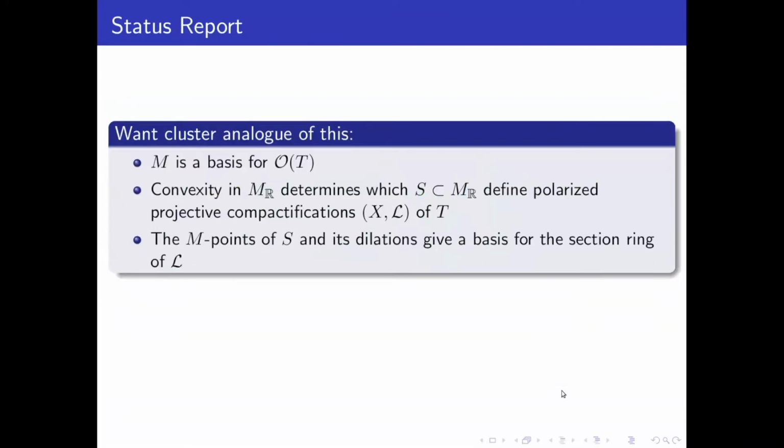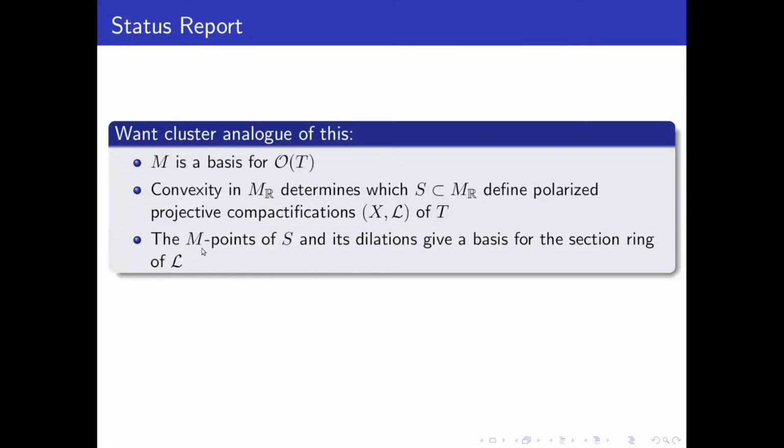Okay, so where are we so far? What we want is a cluster analog of this picture, where the character lattice of a torus is a basis for its regular functions. Convexity in the character lattice tensor R determines which subsets of M_R define polarized projective compactifications (X, L) of the torus.